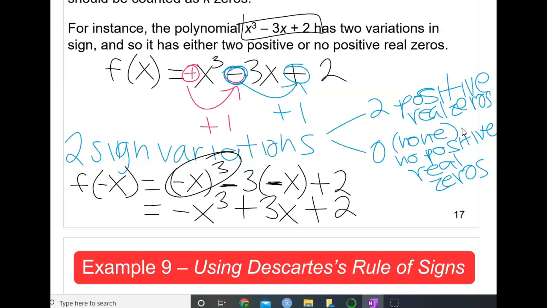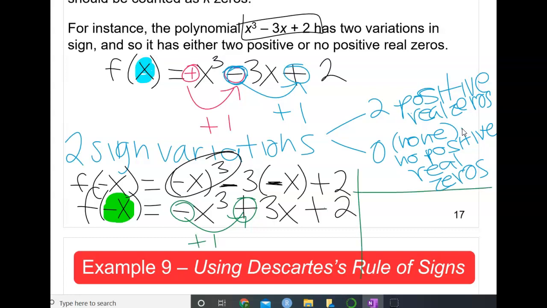So now I'm going to count the sign variations of f of negative x. Remember, this was for positive. This is going to be for negative. So we're going to go from negative to positive, that's 1. And then from positive to positive, that's nothing. So we only had one sign variation.